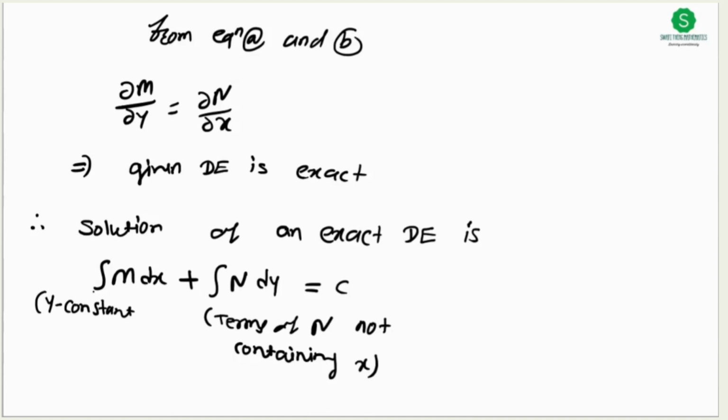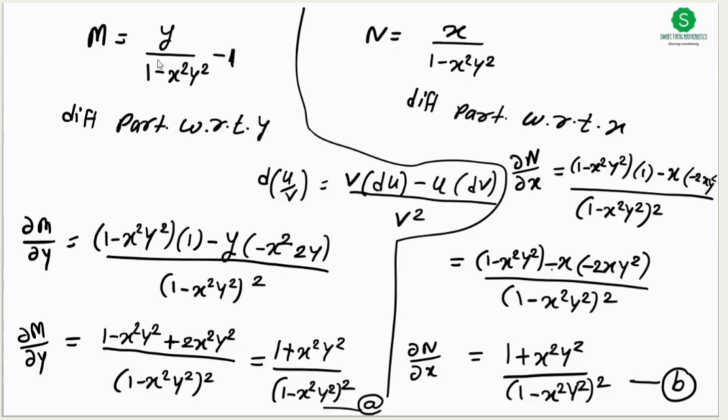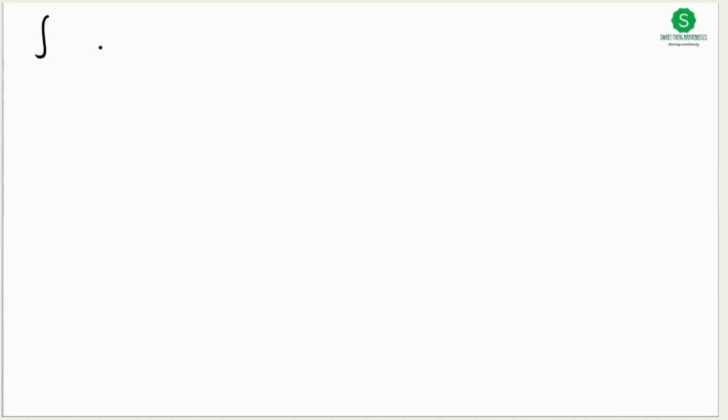So here put the value of m and n. So from our given equation, m is y upon 1 minus x square y square minus 1. So here integration of y upon 1 minus x square y square minus 1 dx.